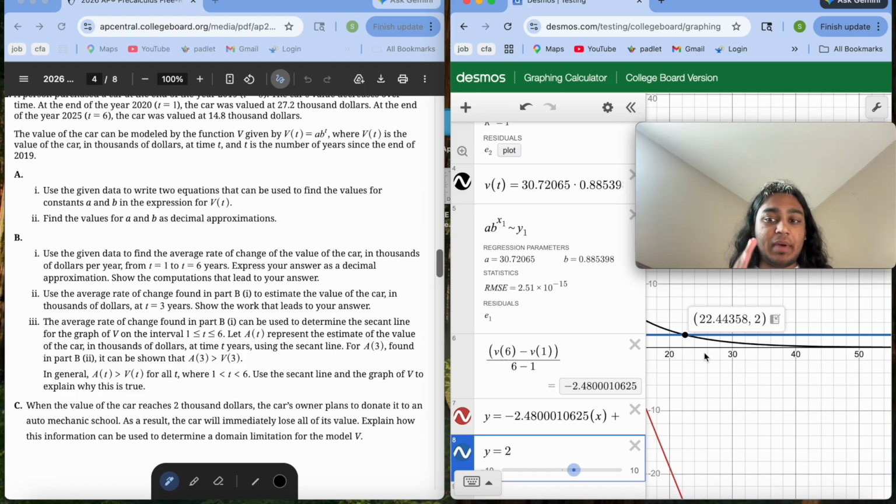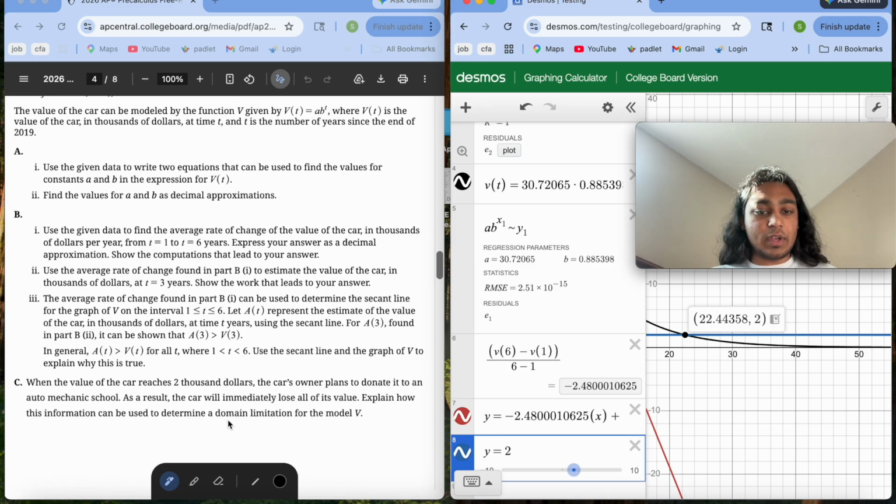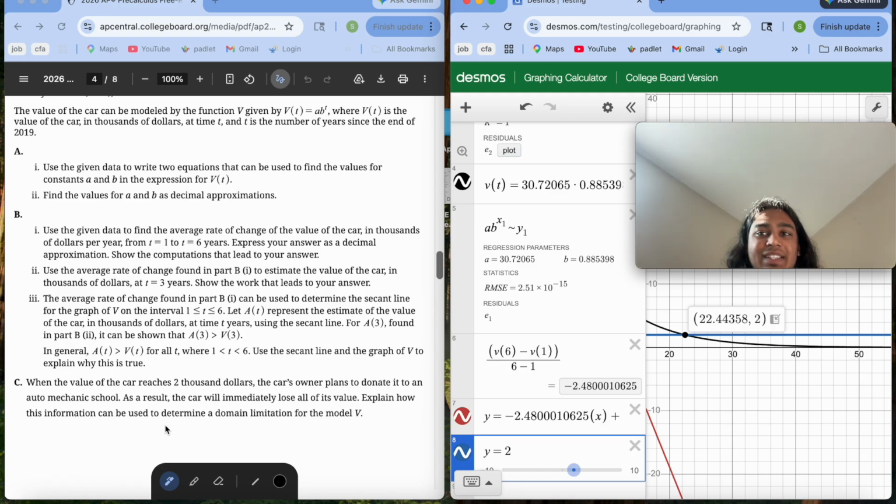The domain will stop after 23, and that's why that works. Explain how this information can be used. Once the car reaches $2,000, there is no need for the domain to continue, as the car will lose all its value. So, yeah. That's it. Bye, guys.